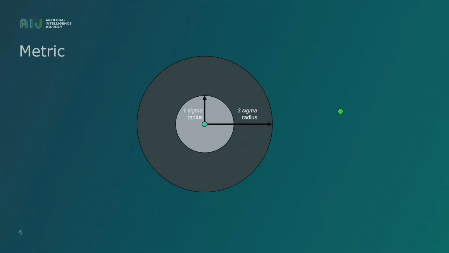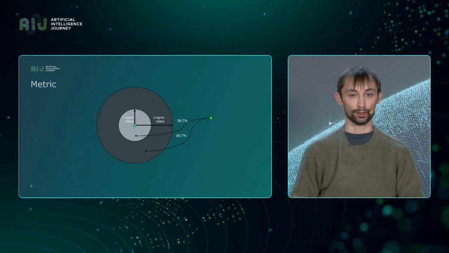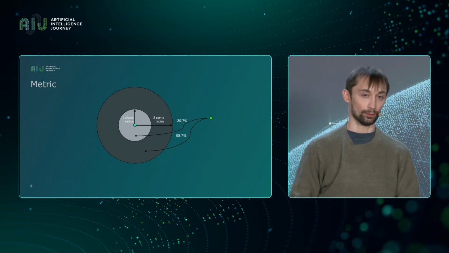Statistically, we can say that if, for example, this distribution is normal, then the probability of the actual position of the person falling within a radius of 1 sigma of the forecast is 39%, while the probability that the actual position of the person is within a radius of 3 sigma must be 98%.